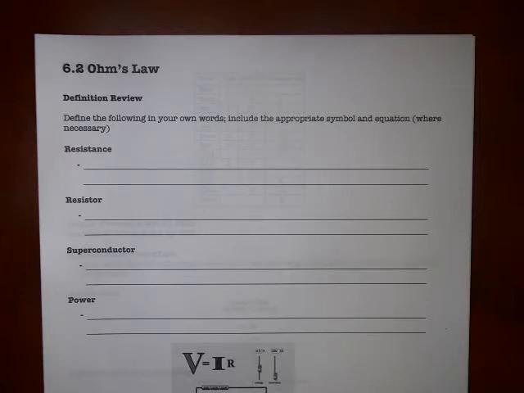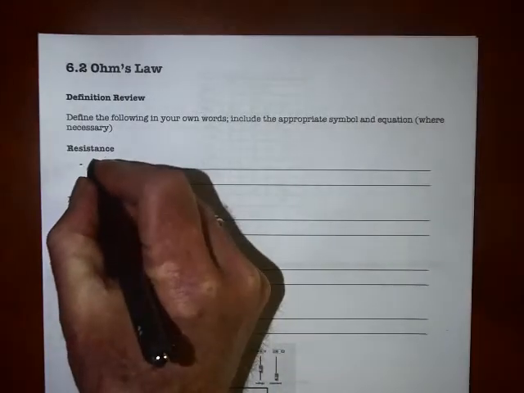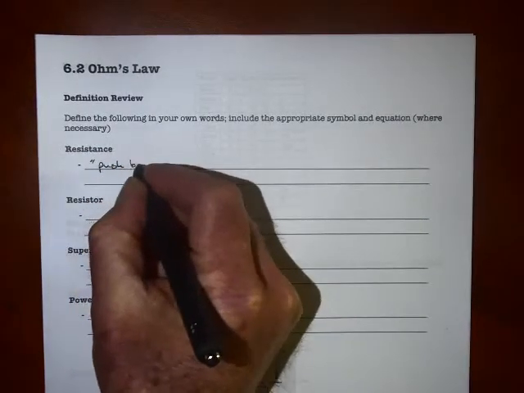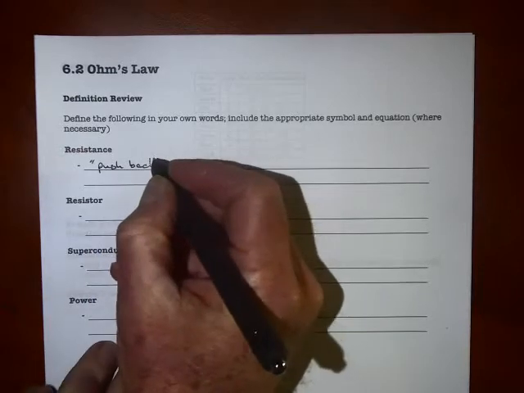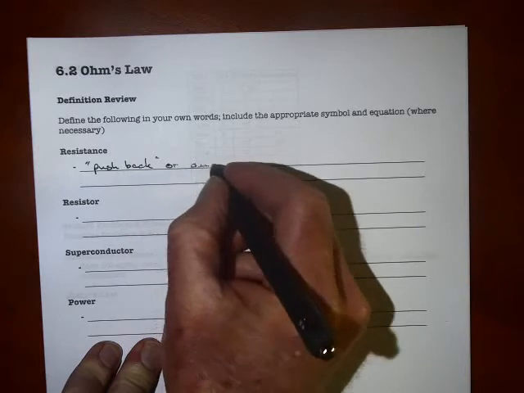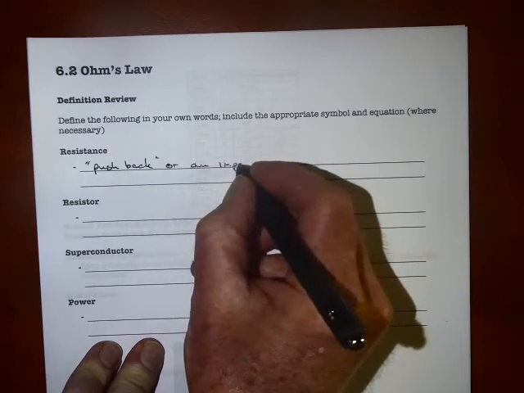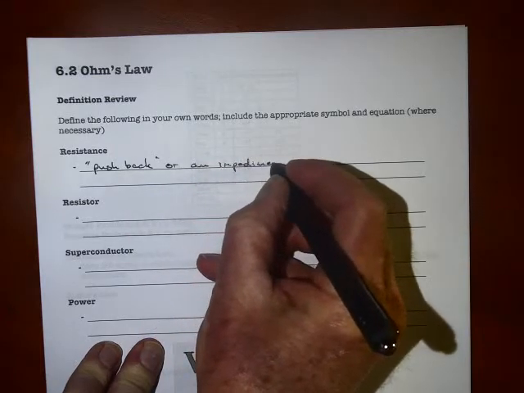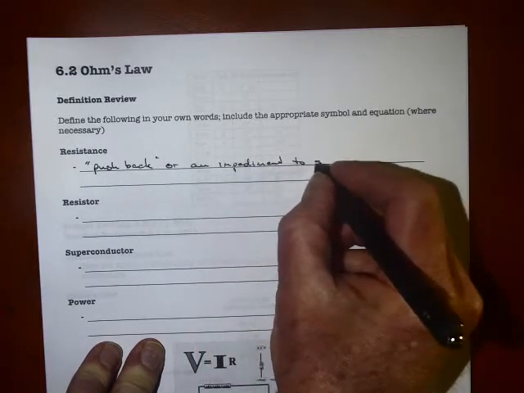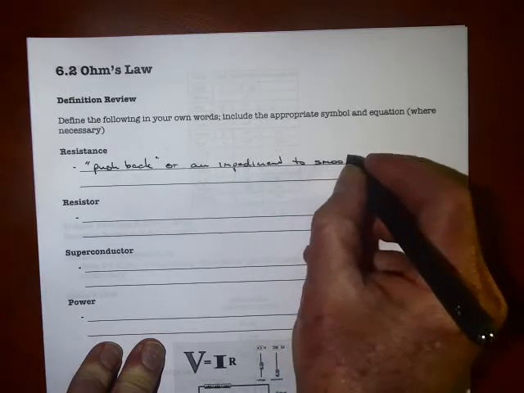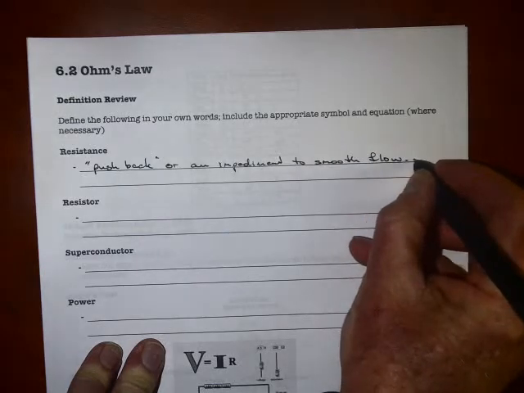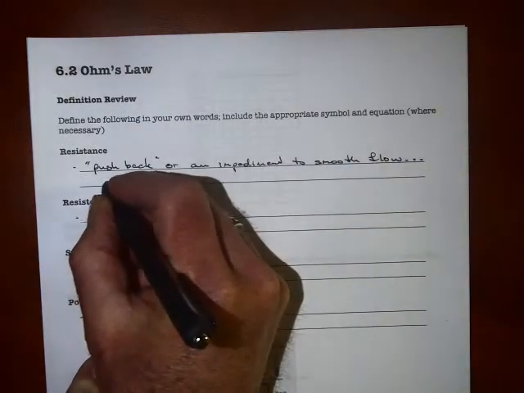So resistance is simply the pushback, or an impediment to smooth flow of electrons. And we put dot dot dot of electrons in this case.